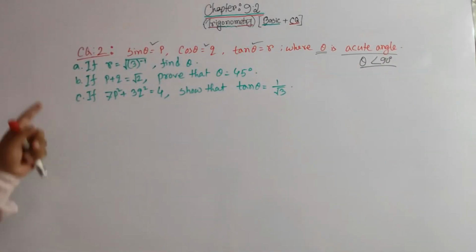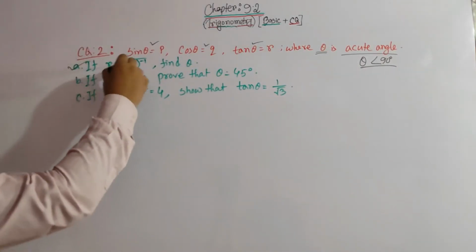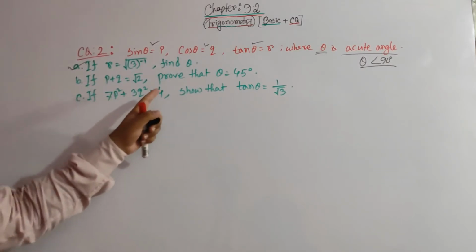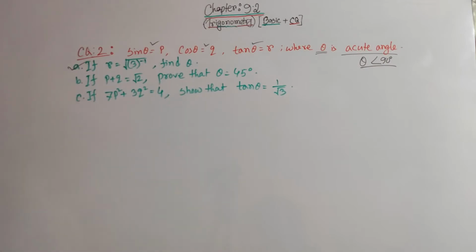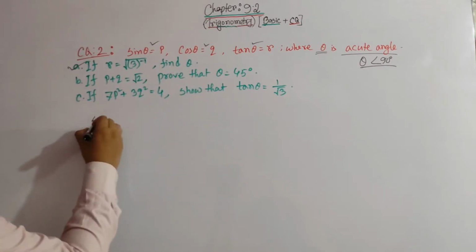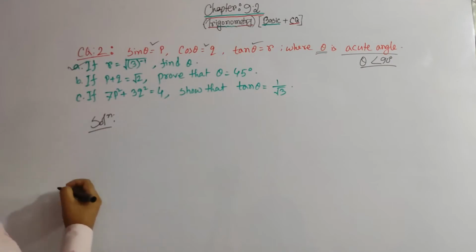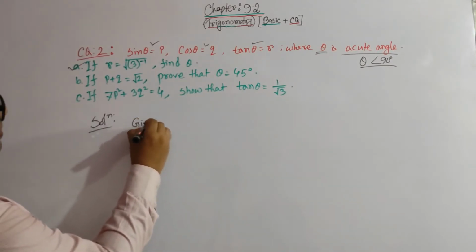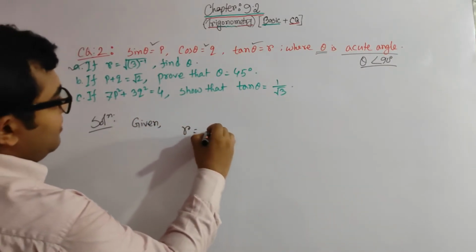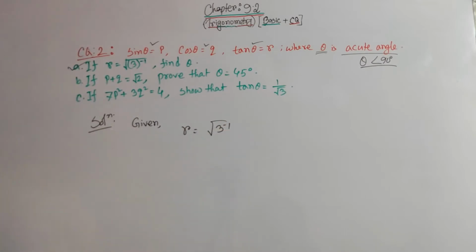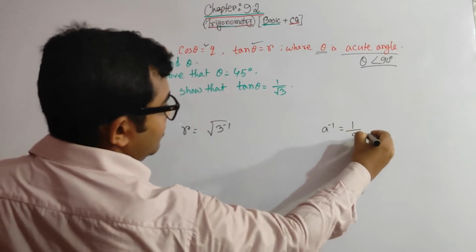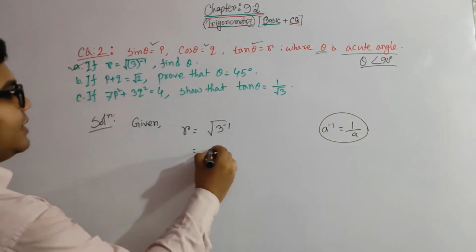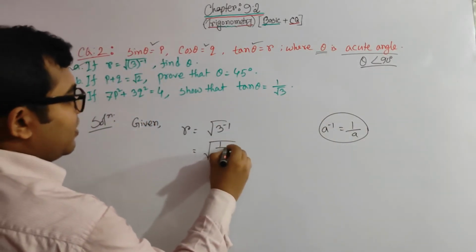Our first question says that if r equals root over 3 inverse, then find theta. For the solution, we go this way: r equals 3 inverse, and we know that something inverse is equal to 1 by that part, so we can write it as 1 by 3.